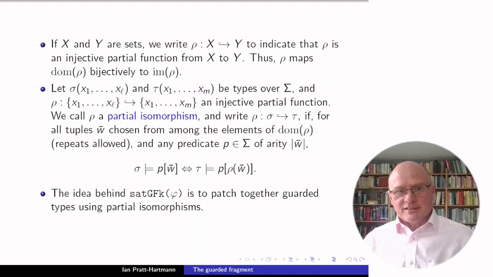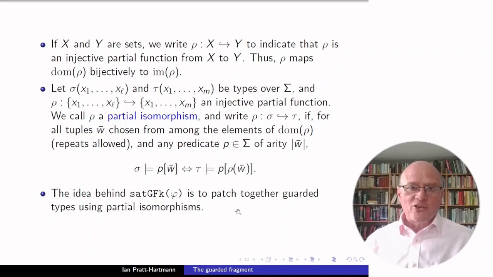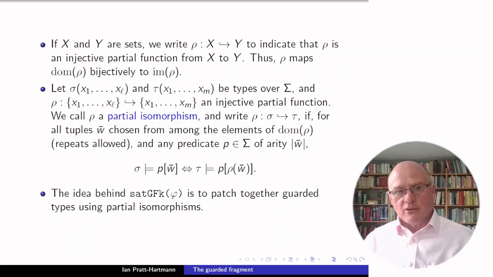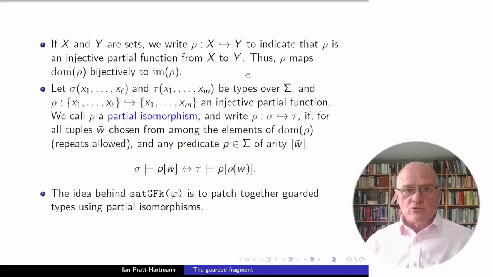Okay, so here's the next idea which we need to develop our algorithm. If X and Y are sets, we'll write ρ: X ⇀ Y to indicate that ρ is an injective partial function from X to Y. So ρ maps its domain, dom ρ, bijectively to its image, im ρ.